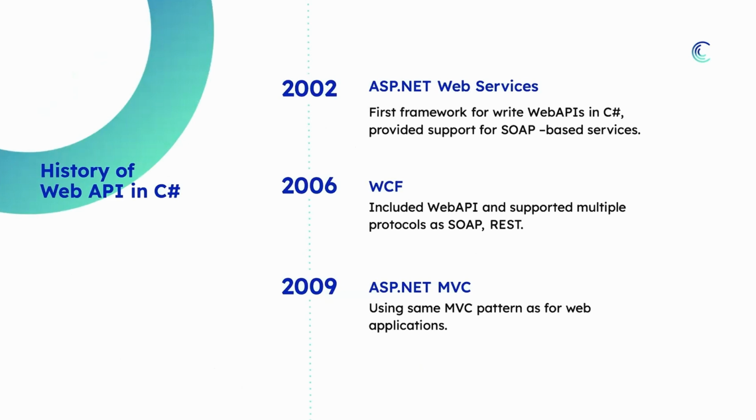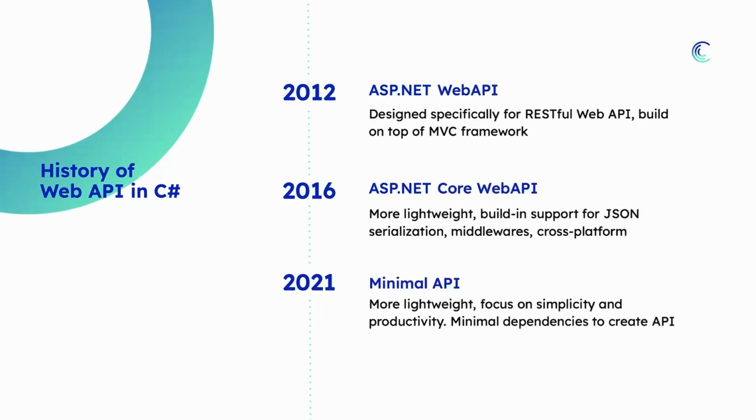After a couple of years, we got the MVC pattern, which was also supported for building web applications. After a couple of years, Microsoft designed a web API specifically for RESTful web APIs on top of the MVC framework. And in 2016, we finally got a cross-platform way to write web APIs with ASP.NET Core.